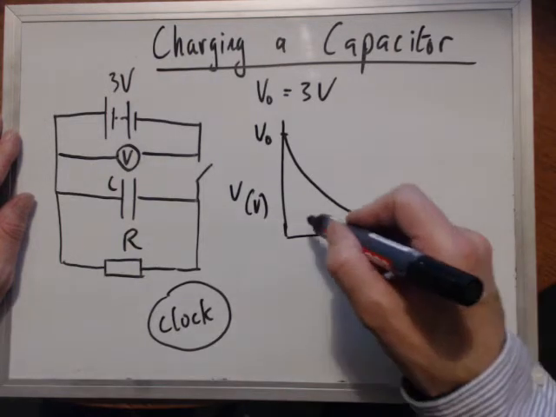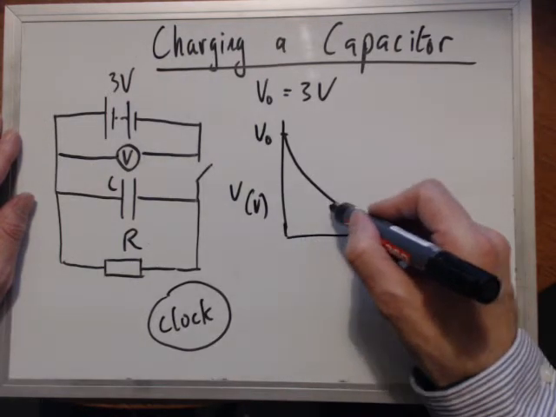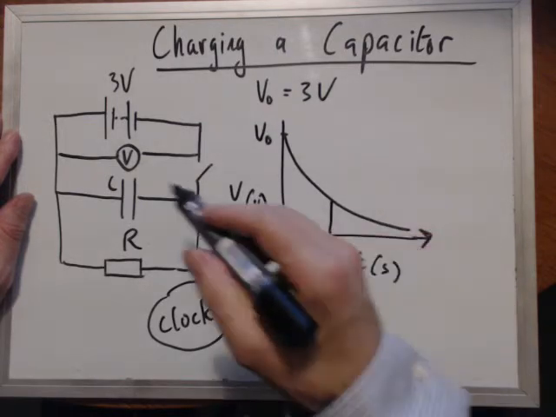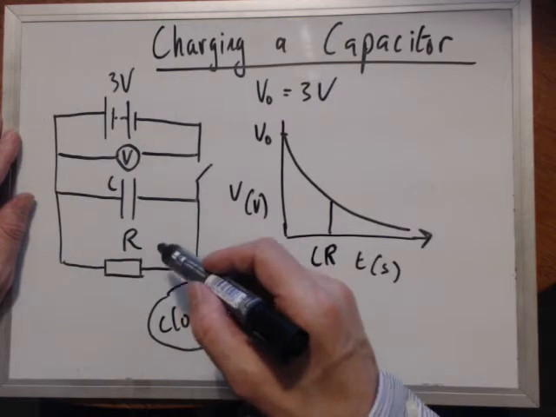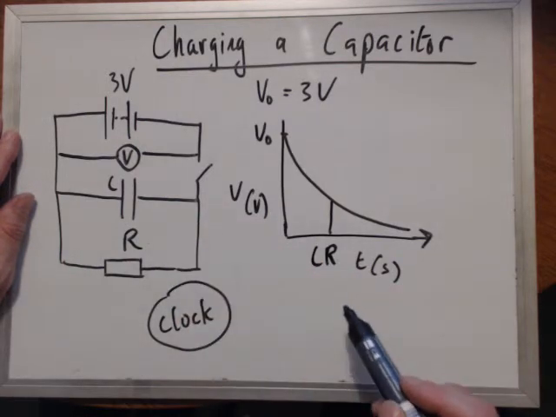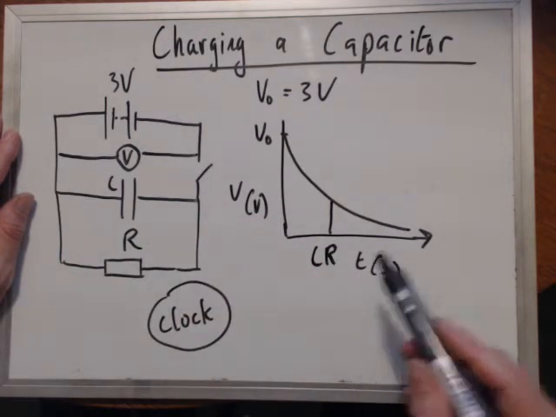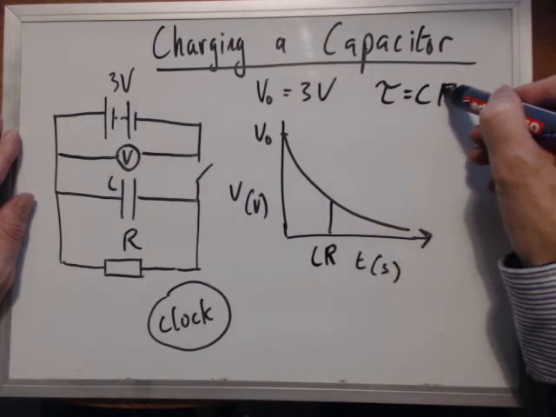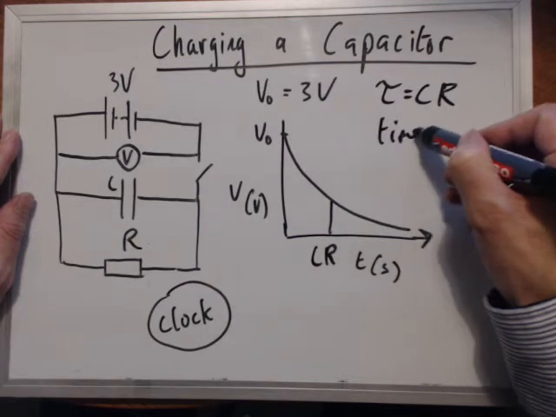Now, we'll also find that after a certain period of time, call that CR. So in fact, the capacitance in farads times resistance in ohms, CR, actually gives you time. So you've got this called tau equals CR. This is known as the time constant.